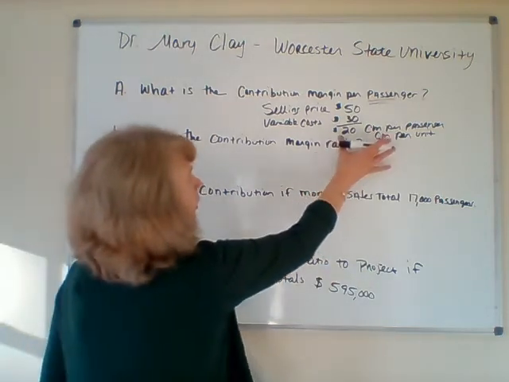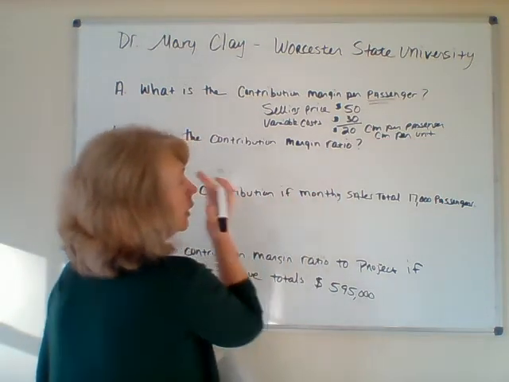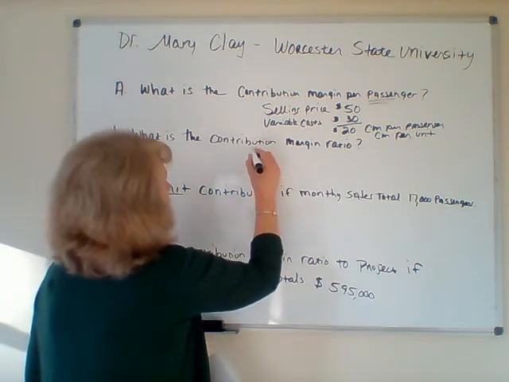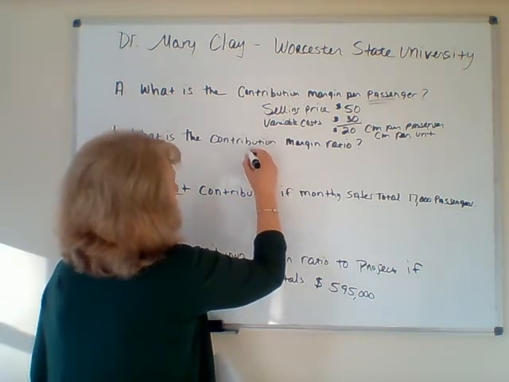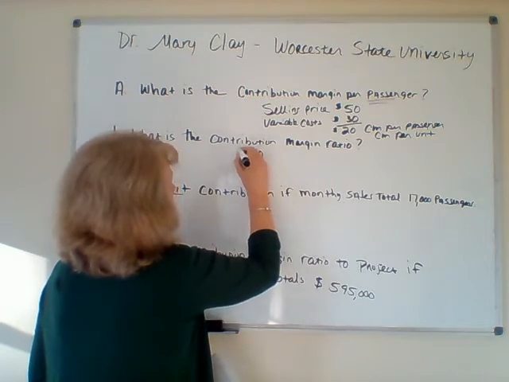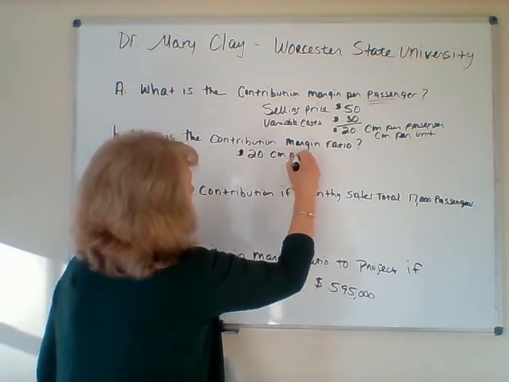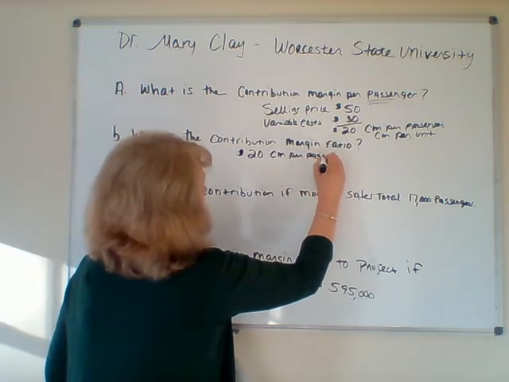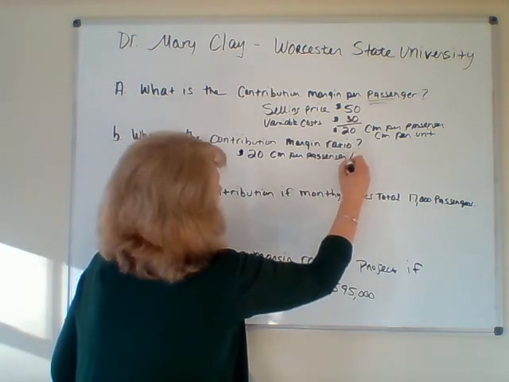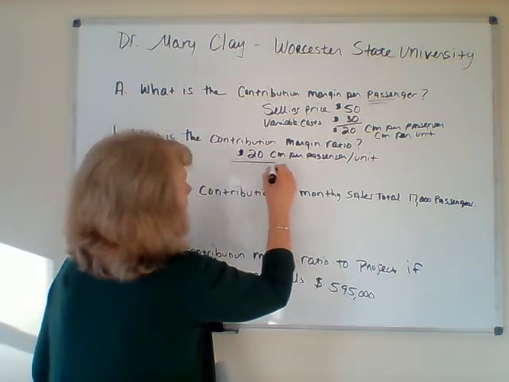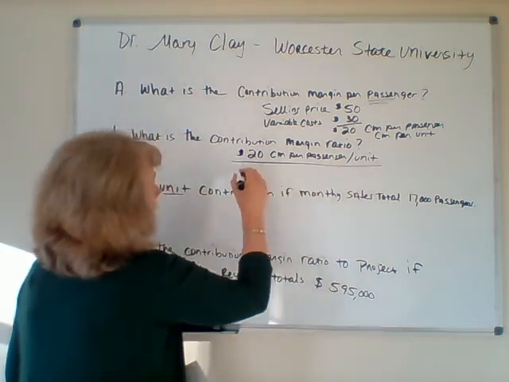Next we're going to go over what is the contribution margin ratio. We first figured out our contribution margin per unit. Well, that's going to be our numerator for our contribution margin ratio. So I put in $20, and then I'm going to divide that by the selling price.